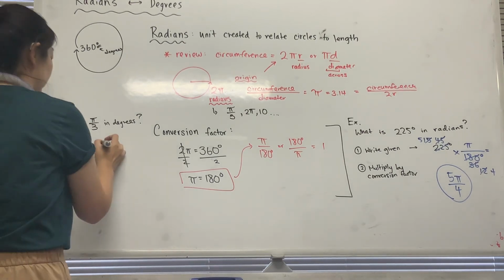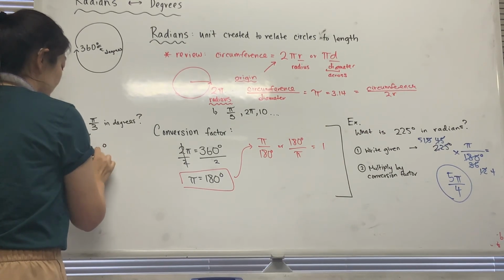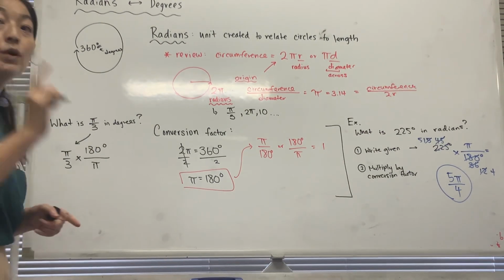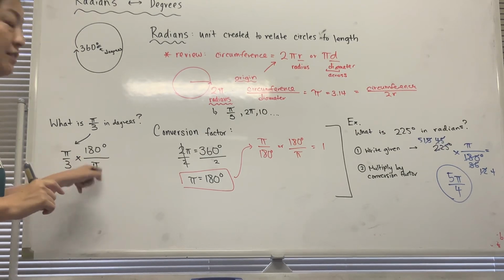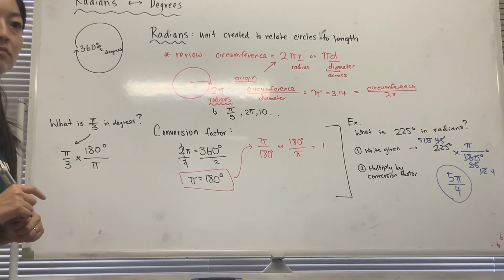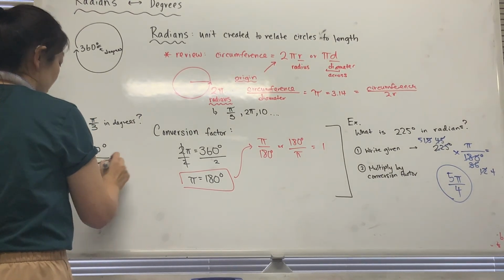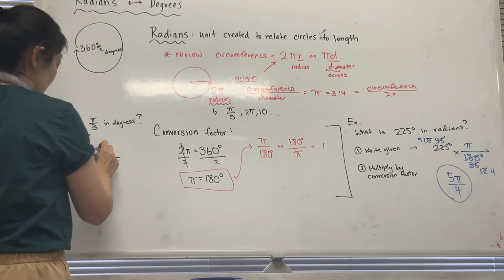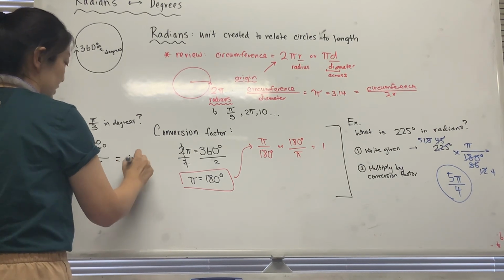Top, yes. 180 degrees on top, and then the pi on the bottom. What you want to see is the pi canceling out with the pi. We never have degrees with pi's in it. No pi's in degrees. It cancels out, becomes fractions, so this becomes 60 degrees.